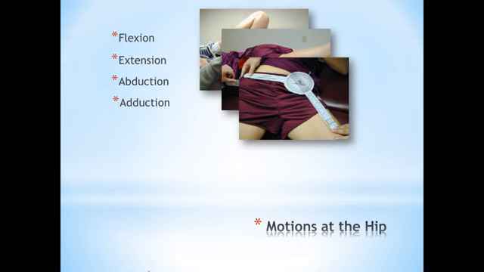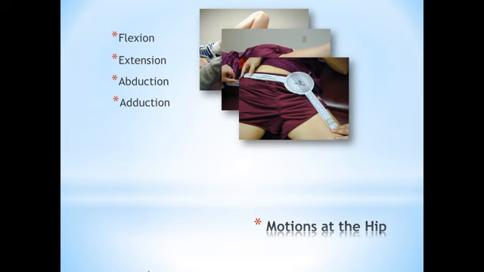Abduction and adduction occurring in the frontal plane is about 0 to 45 degrees of abduction and about 0 to 30 degrees of adduction. Again, at end ranges of motion of abduction, adduction, typically the other leg gets in the way.